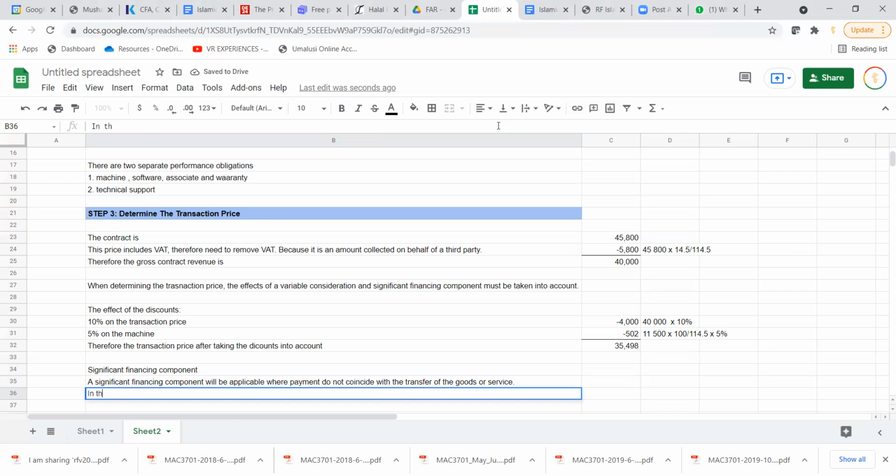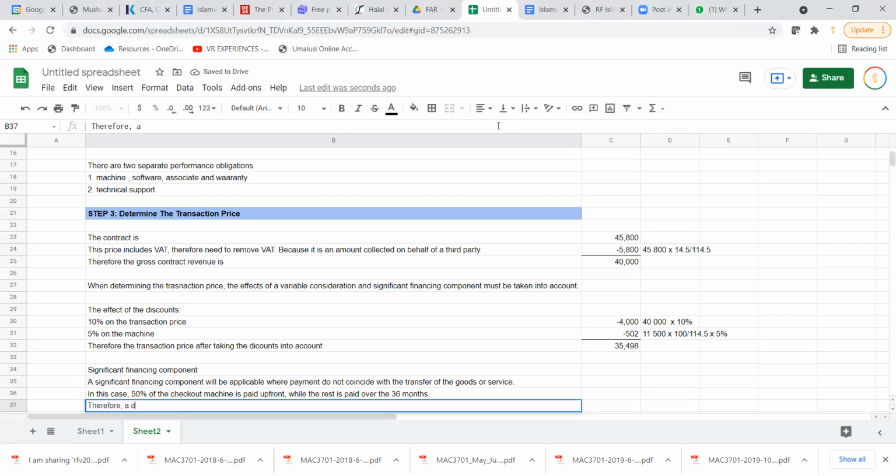In this case, 50% of the checkout machine is paid up front, while the rest is paid over the 36 months.